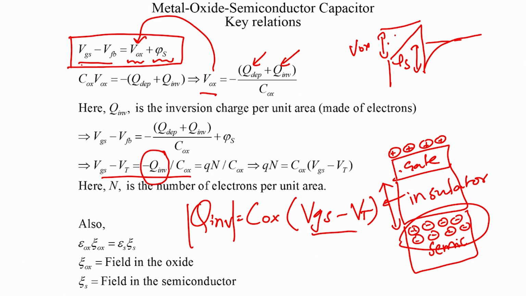So, Vgs minus Vt is the excess voltage above the threshold voltage, because till threshold voltage you did not have inversion charge or you do not have a lot of it, but above the threshold voltage you start having inversion, and therefore, all the Vg above the threshold voltage is creating electrons at the interface.